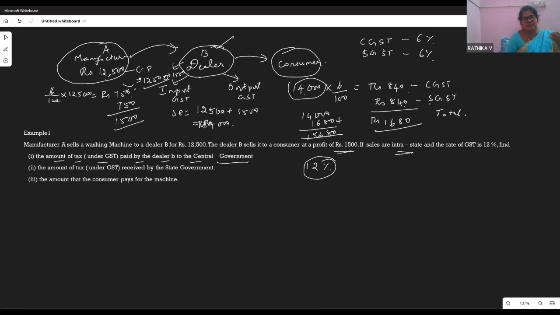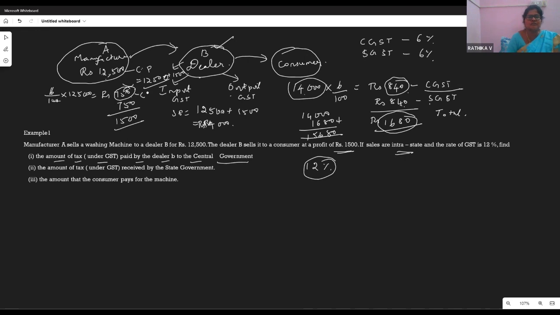Originally he is paying 750 rupees, and he is collecting 6% of the 14,000 rupees from the consumer. So 840 here, 840 there, 1,680 he is collecting. The question is about the central government alone.